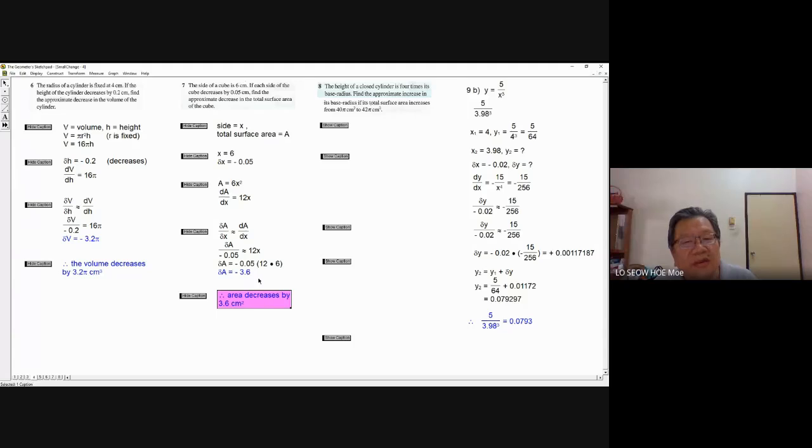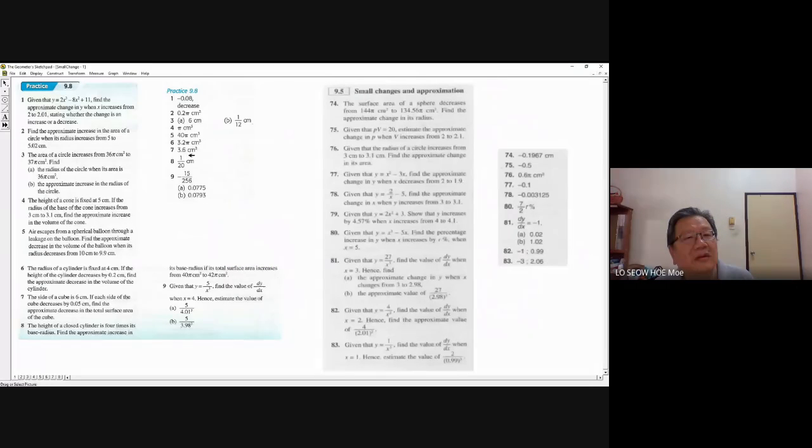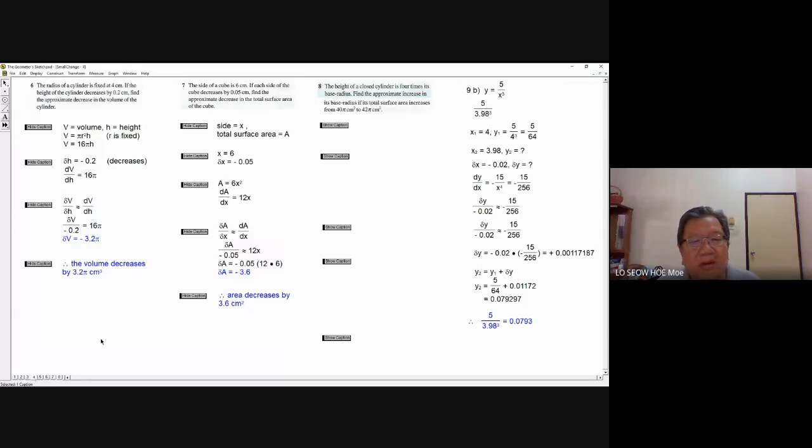Don't just leave the answer like this, people don't know whether it is decreased. Some answers only give 3.6 without writing decrease or increase, because the question says decrease already. It's still acceptable, right? Okay.